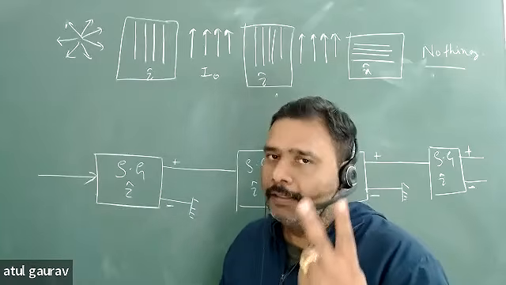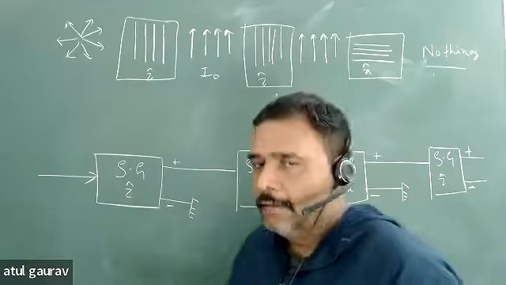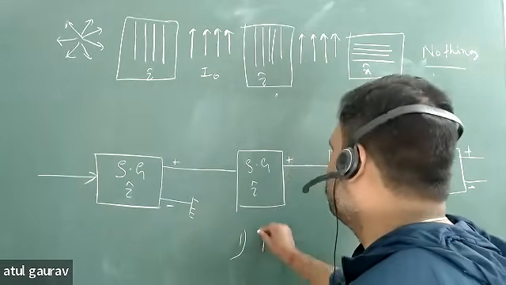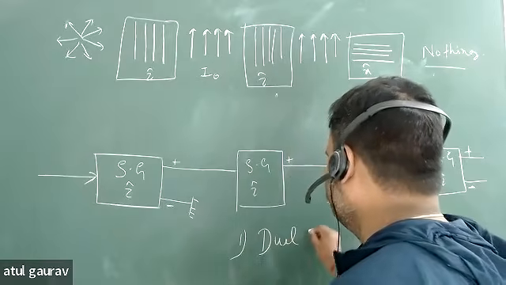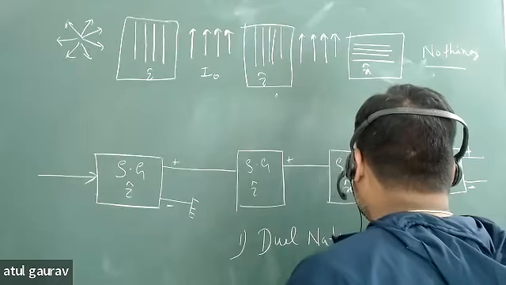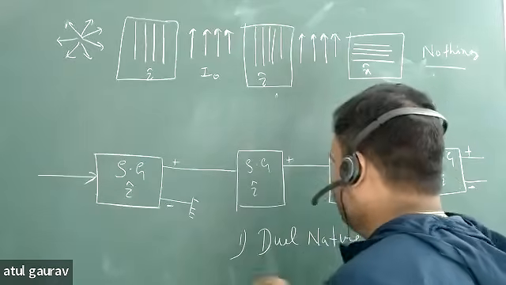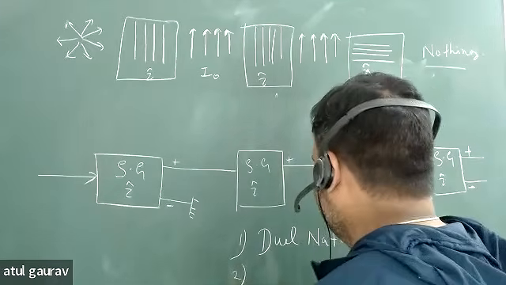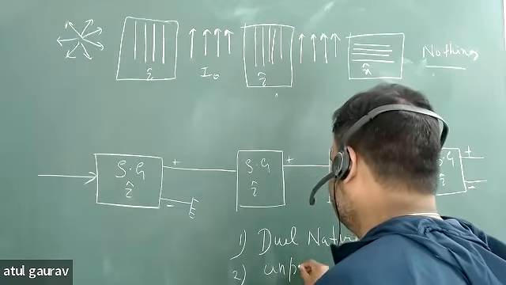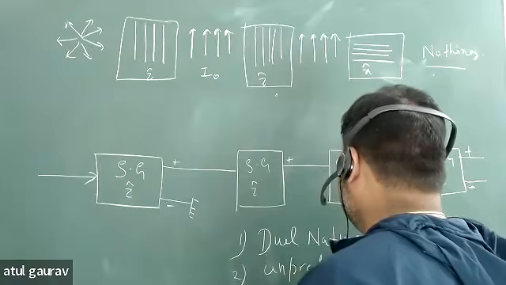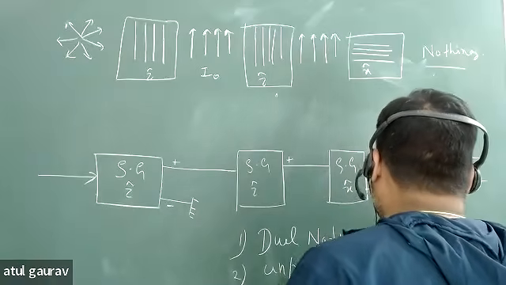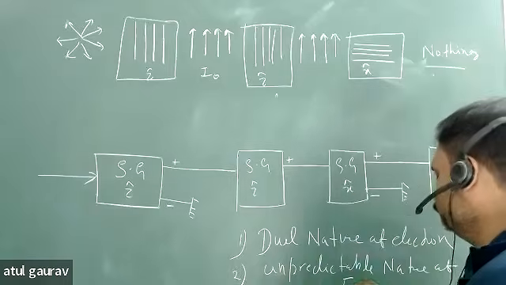So two things we have seen, two broad things mainly. The first thing we have seen is the dual nature of electron. And the second thing we have just seen is the unpredictable nature of final outcome.